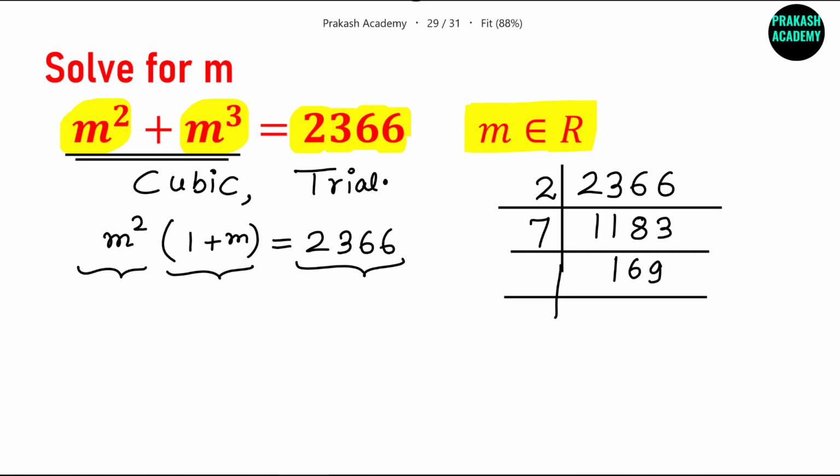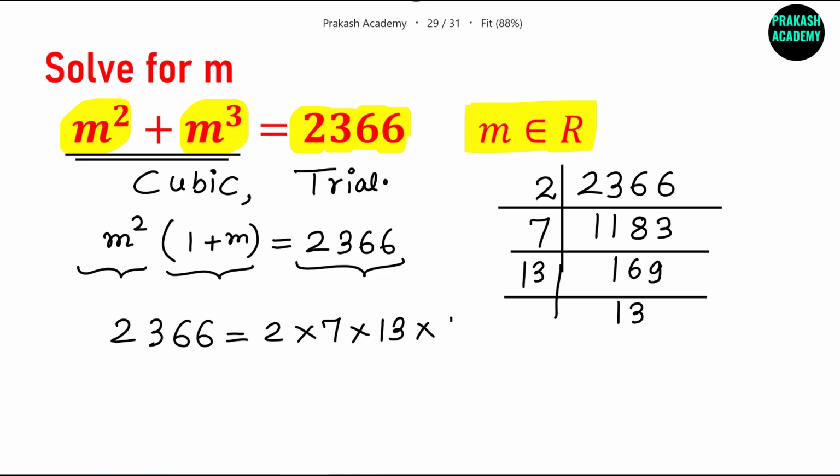And then we can divide 169 by 13. So we will have 13, and here you also have 13. This means 2366 can be written as 2 times 7 times 13 times 13, or 2 times 7 times 13 square.